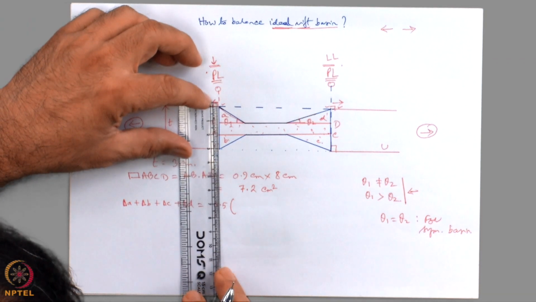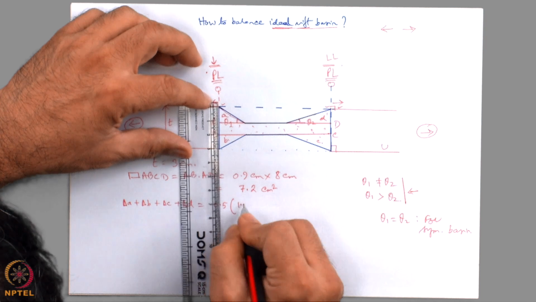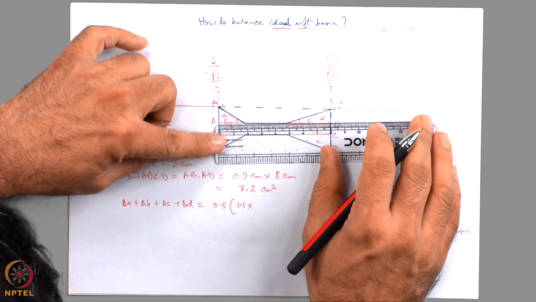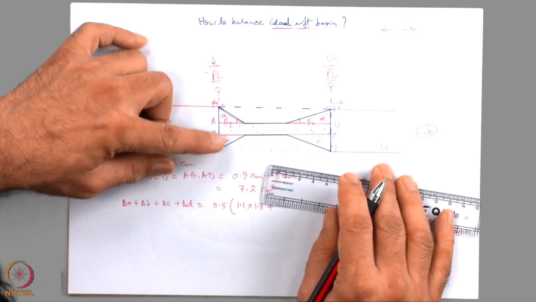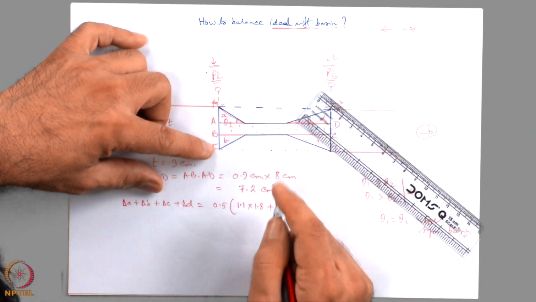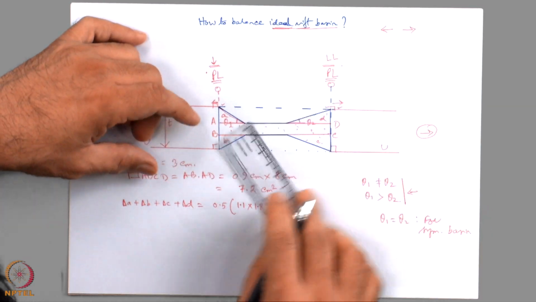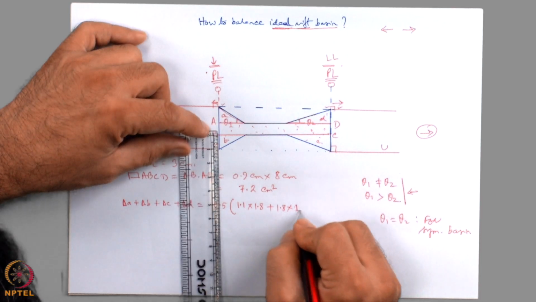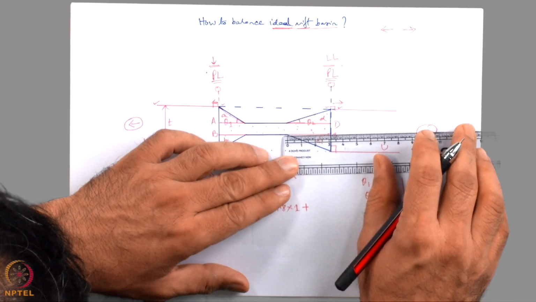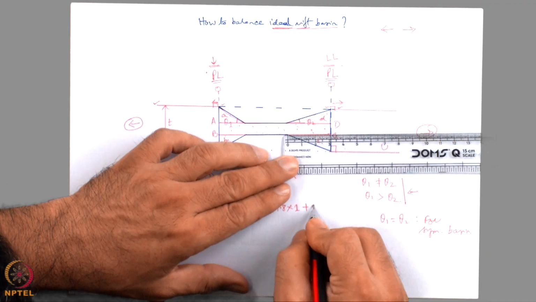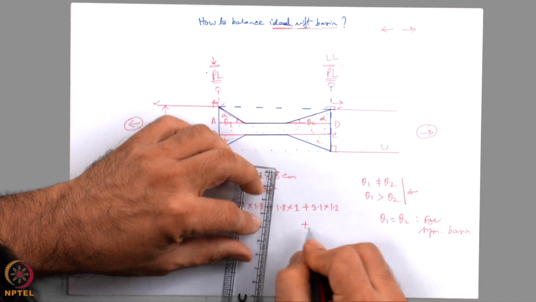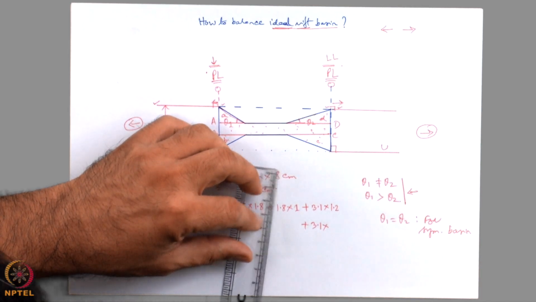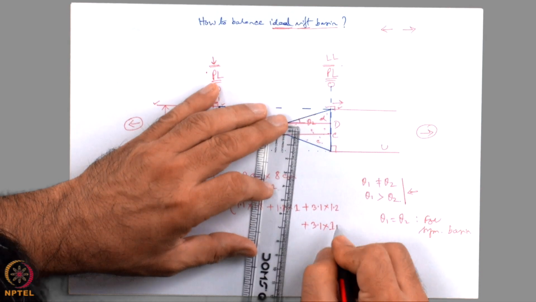I start from triangle a: it is 1.1 centimeter multiplied by 1.8, plus, let us take triangle b, 1.8 multiplied by 1 centimeter, plus 3.1 centimeter multiplied by 1.2, plus 3.1 multiplied by 1 centimeter.